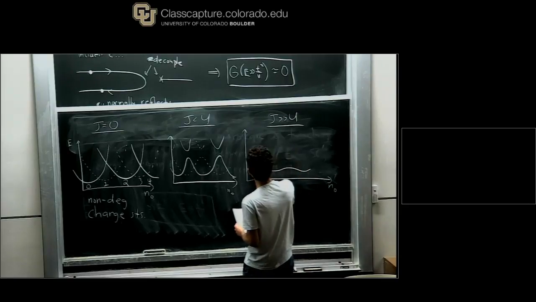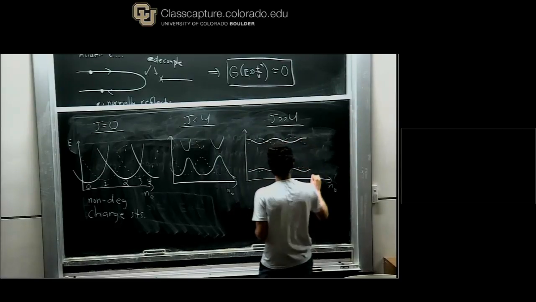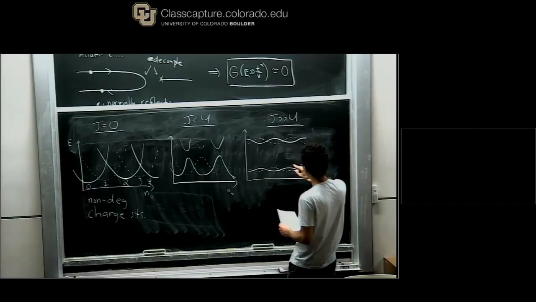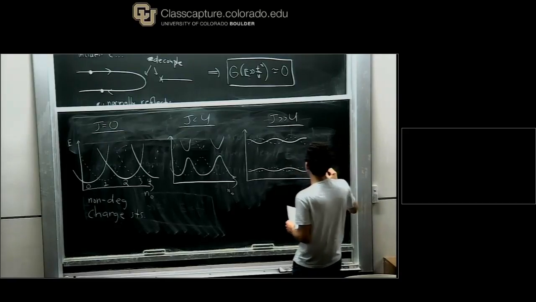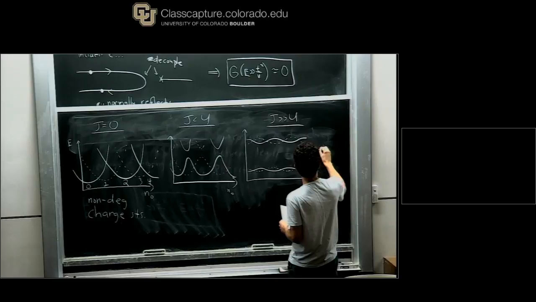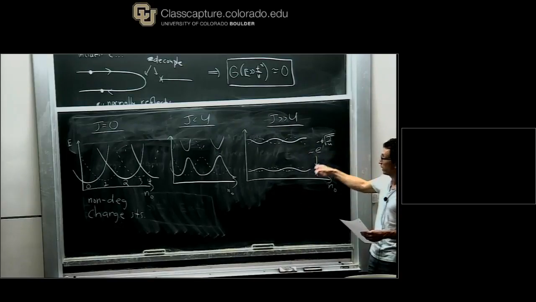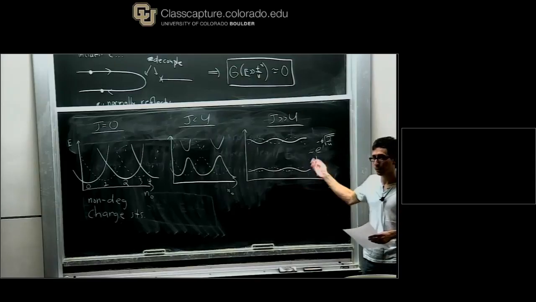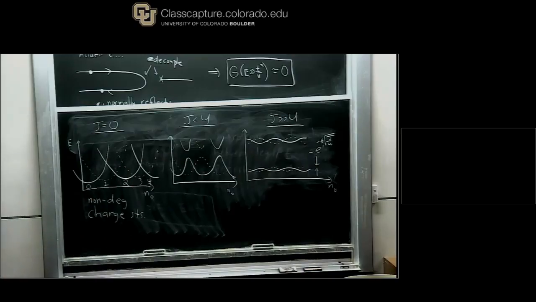I'll draw this in a somewhat exaggerated fashion. The difference between the minimum and the maximum of that lowest state goes like e to the minus some number times square root of J over U. So in this regime, we have, within exponential accuracy, degeneracy between even and odd parity states, and that's the degeneracy that reflects the presence of Majorana zero modes.